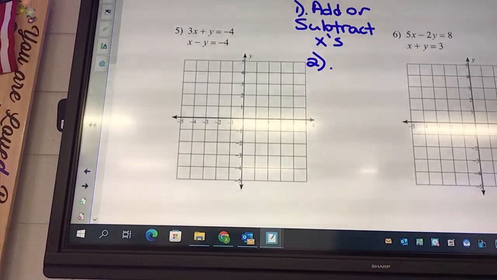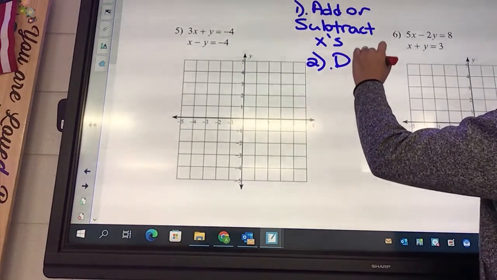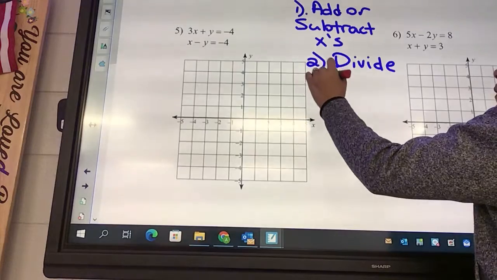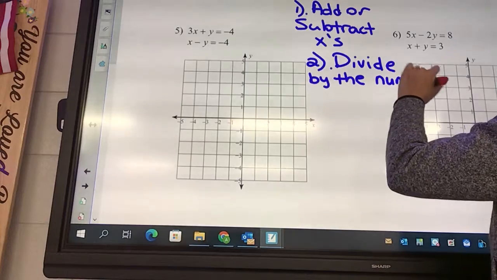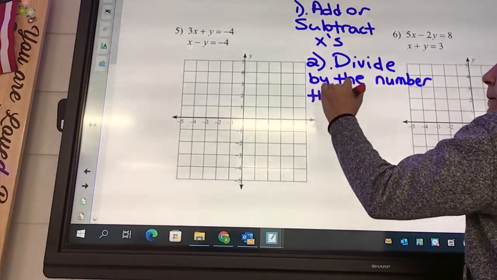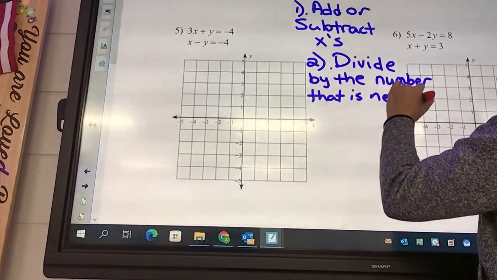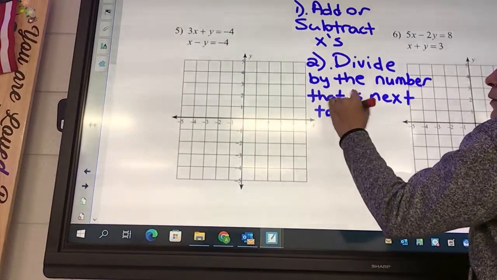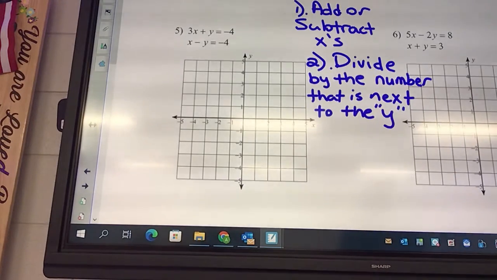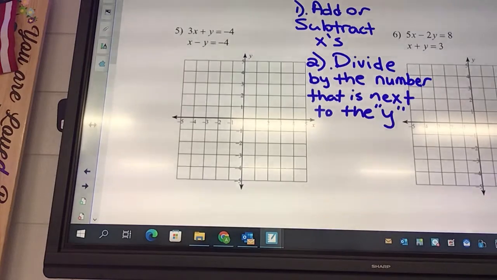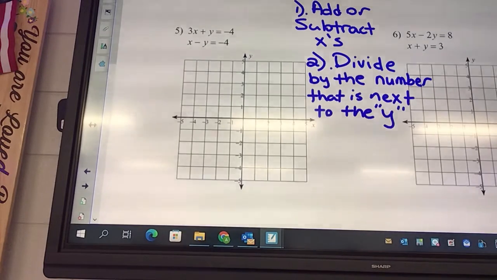And then your second step would be to divide by the number that's next to the y. Okay, no matter what it looks like, that's going to be your steps. You're going to add or subtract the x's and then divide by the number that's next to the y.